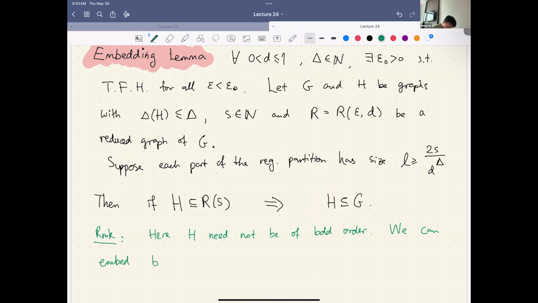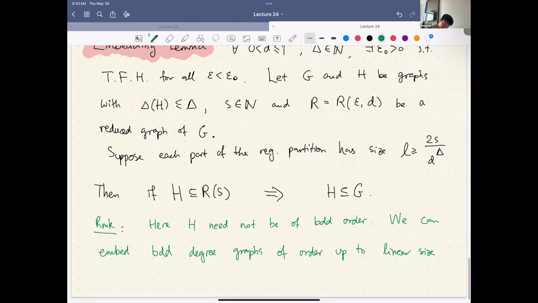We can embed as long as the maximum degree of H is bounded. Bounded degree graphs of order up to linear size. Linear size means big omega of n.